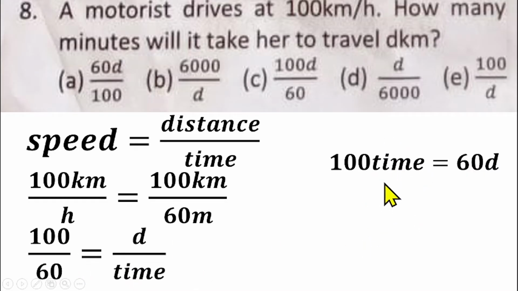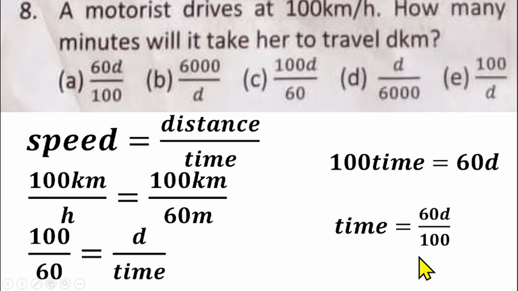You can divide both sides by 100 to get the time. So the time will be 60d over 100. Of course we can reduce that, but we can see that the options given to us are not reduced, so we can leave the answer like that, and that gives us option A for question number 8.